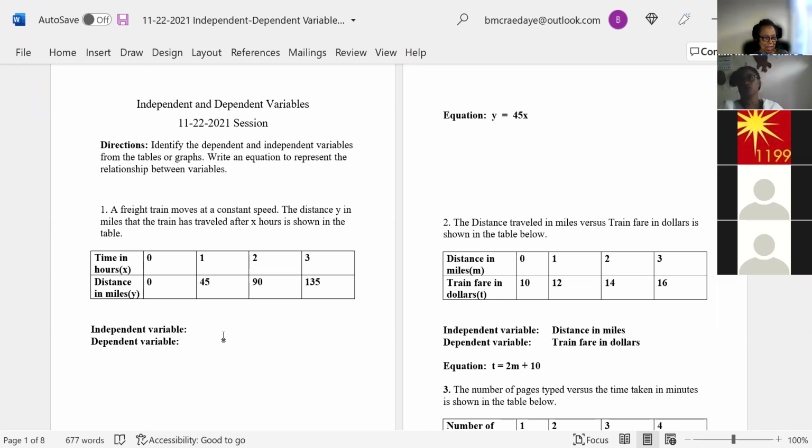Distance in miles or time in hours? The distance. You say the distance is the dependent variable? Yes. Okay, so let's put distance in miles. So the independent variable, you're saying, is the time in hours.